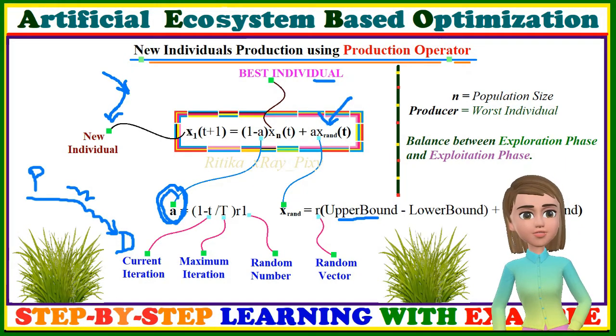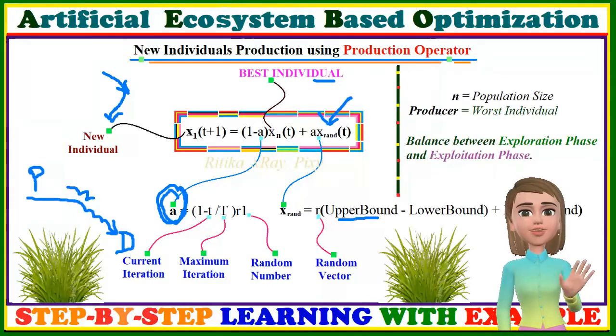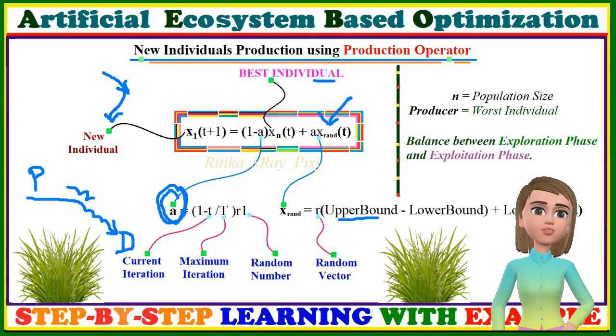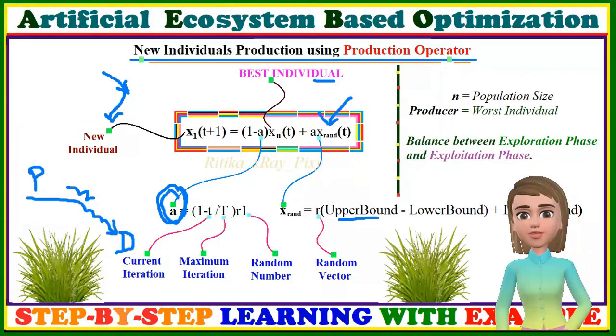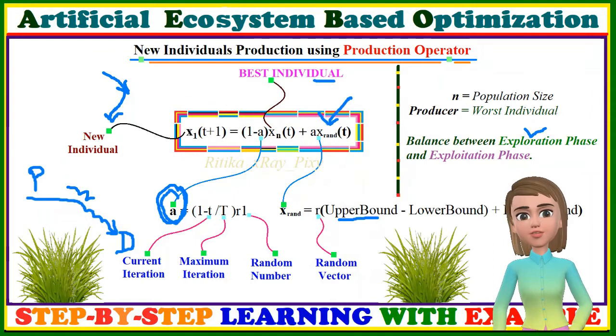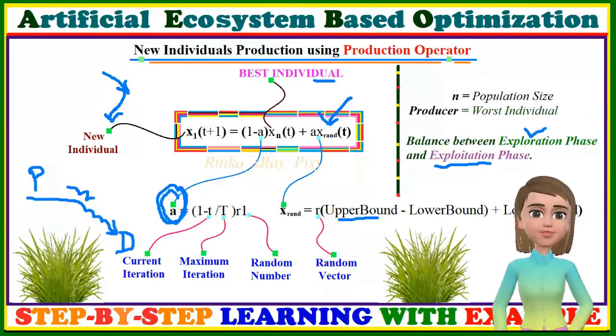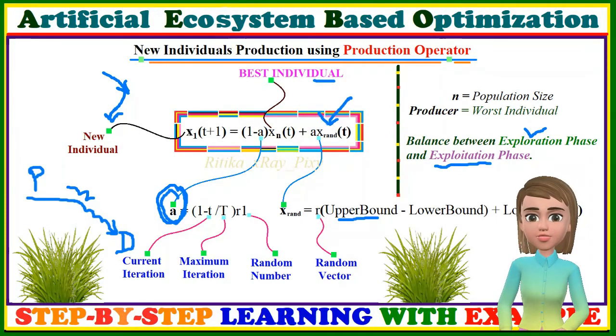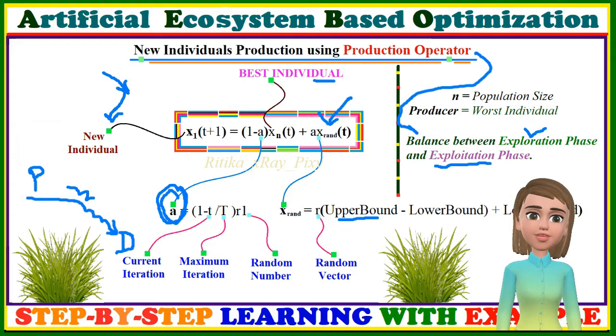In the earlier iterations, the new individuals will guide the other individuals for exploration, and in the later iterations, they will guide the other individuals for exploitation around the best solution, as this operator is used to maintain the balance between the exploration and exploitation phase.